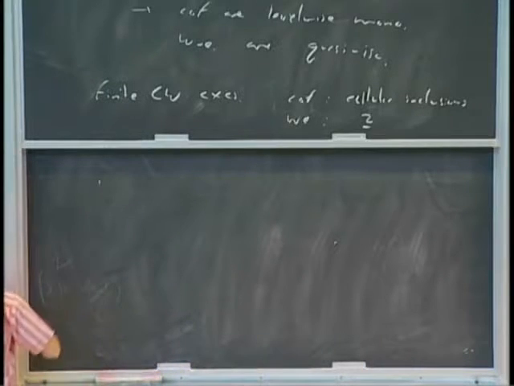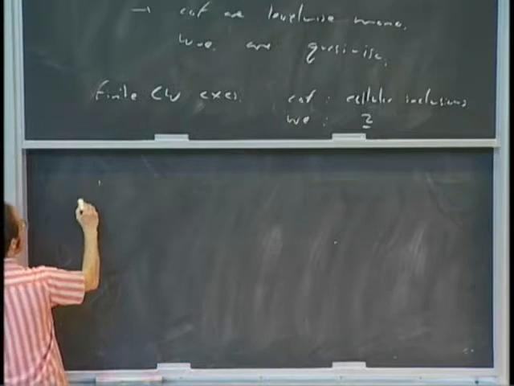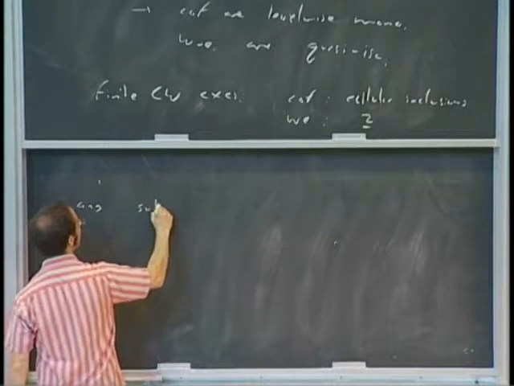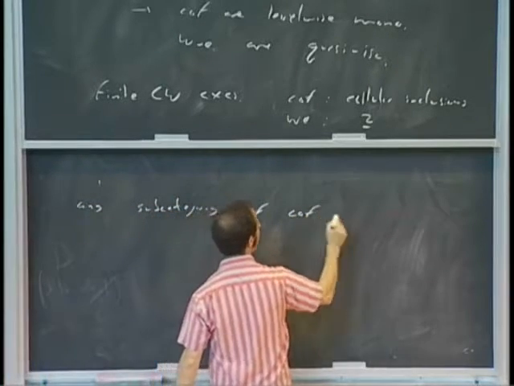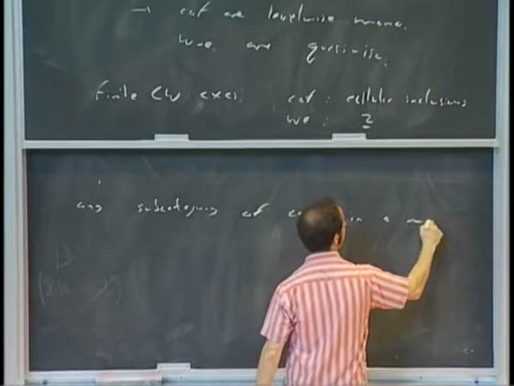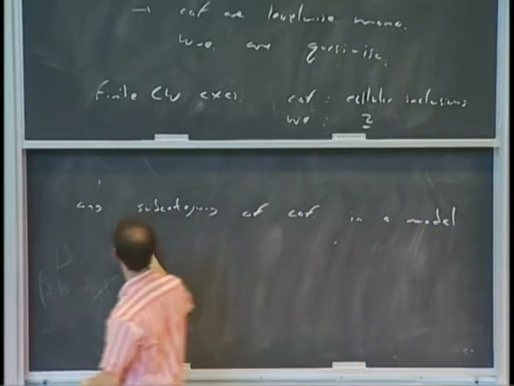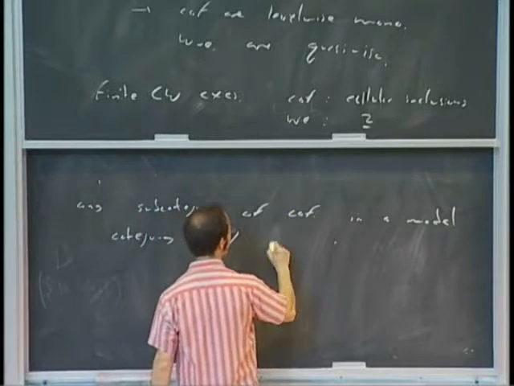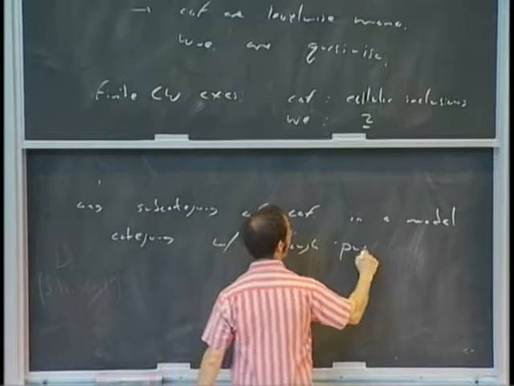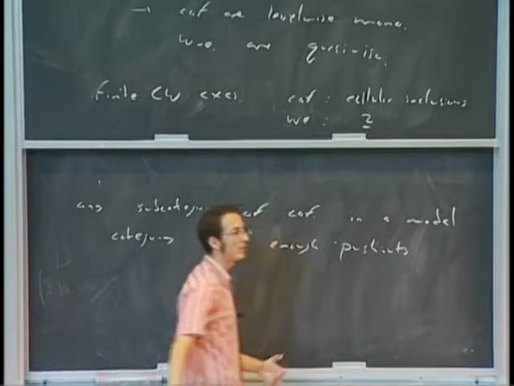Okay, so more generally, a further example: any subcategory of the cofibrant objects in a model category with enough pushouts.